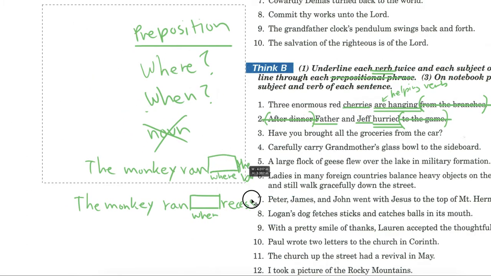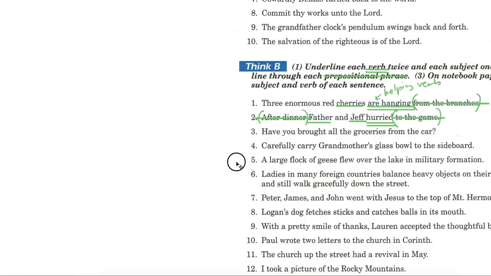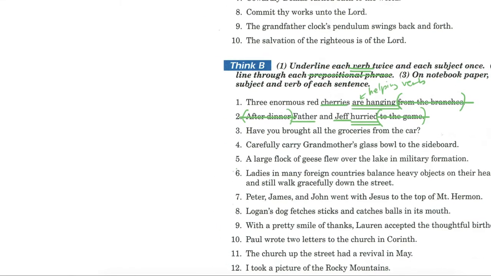I'm going to erase this. Number 1 sentence was, the 3 enormous red cherries are hanging from their branches. Remember, a diagram starts with a line. And first we diagram this. The subject goes to the left, and the verb goes to the right. So for number 1, the subject is cherries.